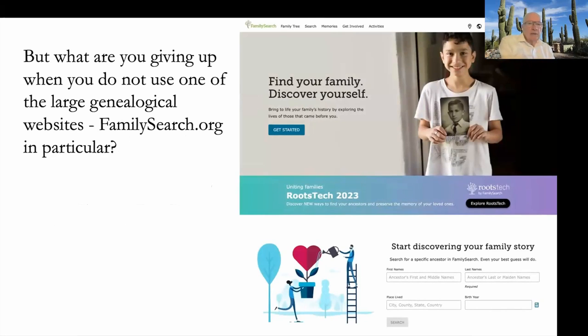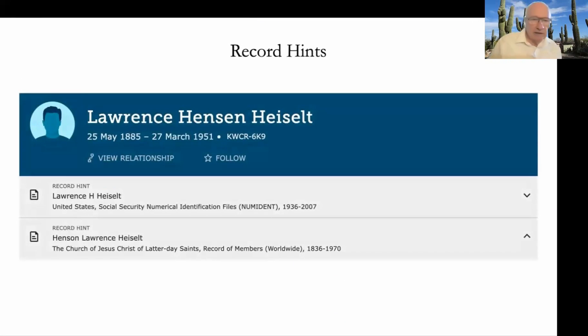What are you giving up if you don't use one of the large genealogical websites like Family Search? Well, I'm going to get through that pretty quick, because the first thing is record hints. They are going to measurably help you find additional information about your family from their own documents, or in some cases from other documents outside of their program.